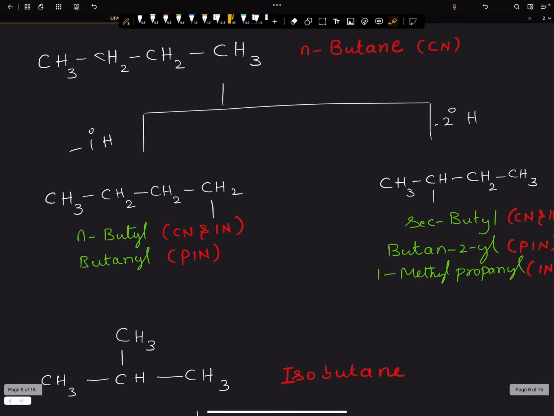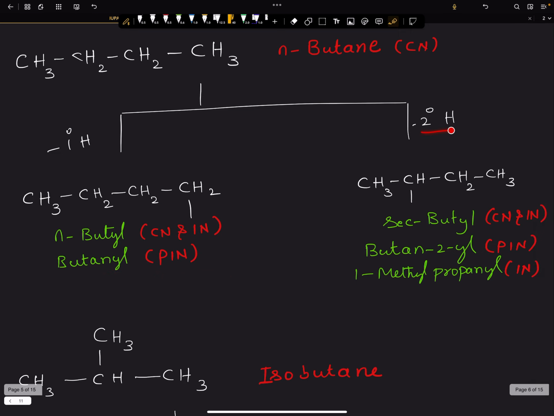When hydrogen from a primary carbon is removed, it produces CH3 CH2 CH2 CH2, which is called n-butyl, which is both common name and IUPAC name, or we call it butanyl, which is the preferred IUPAC name. We may call it butane-1-yl, but if yl is on the first carbon, we can ignore writing 1.